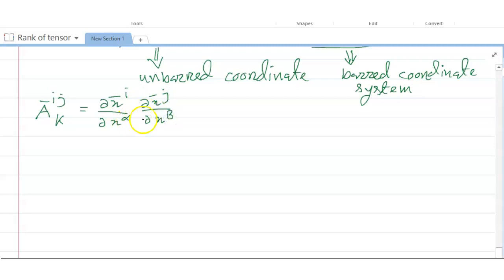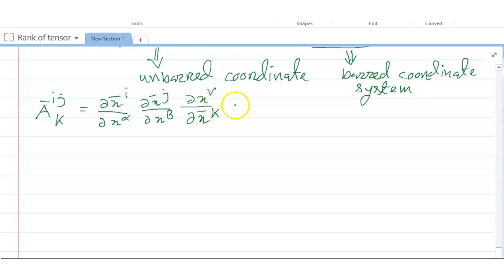Alpha and beta are dummy indices, and divided by del x gamma divided by del x bar k.